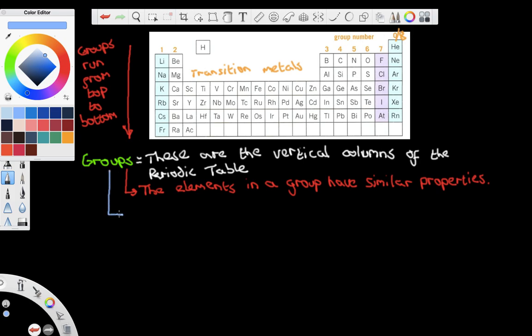So we can add underneath here by saying that going down a group, there is a pattern in properties.